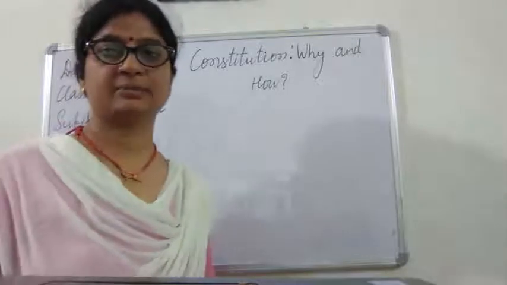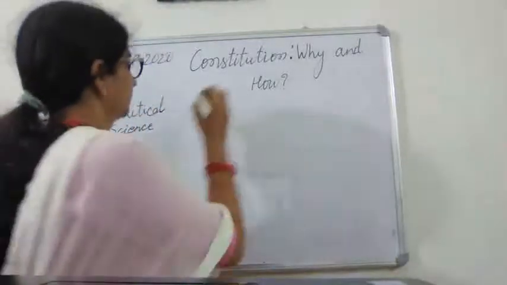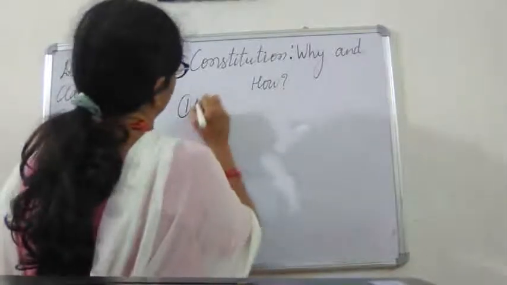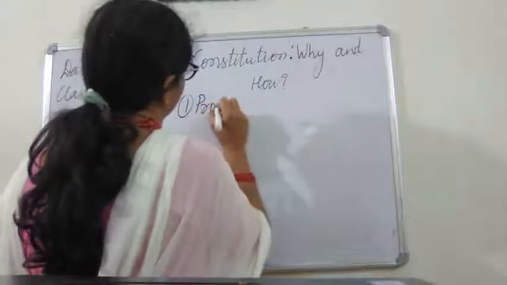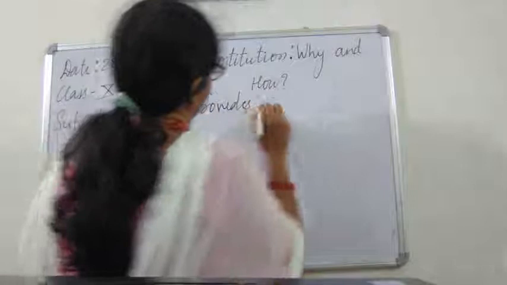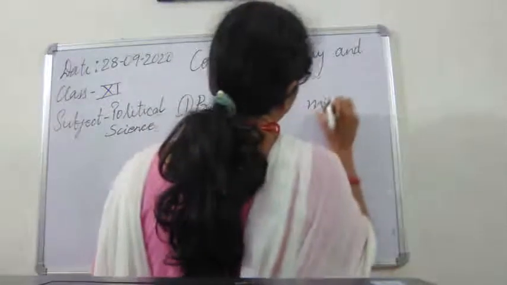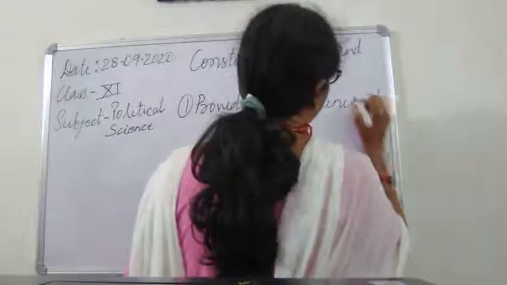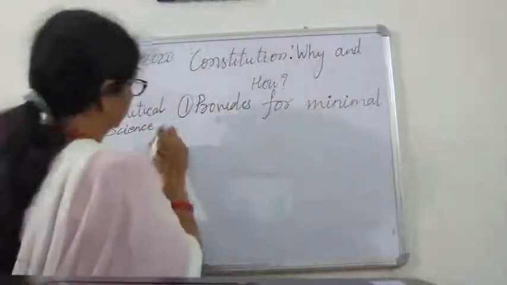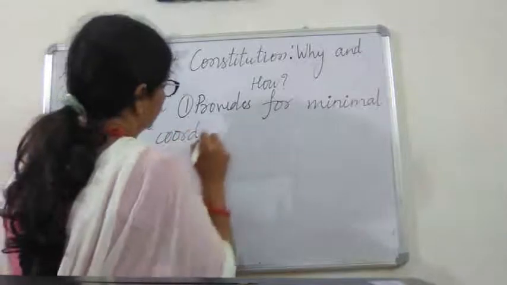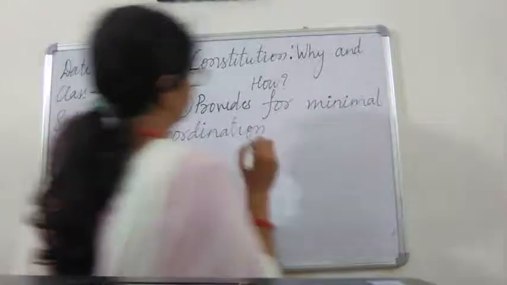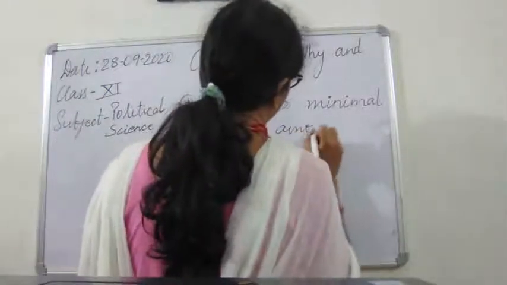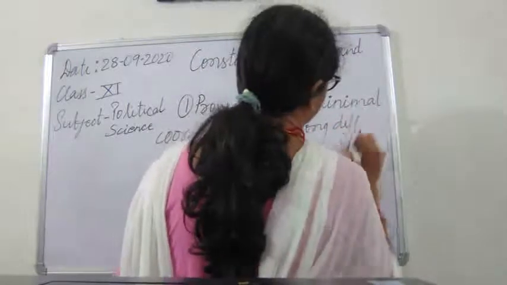So up to now we have discussed three functions of the constitution. The first: provides for minimum coordination among different groups.